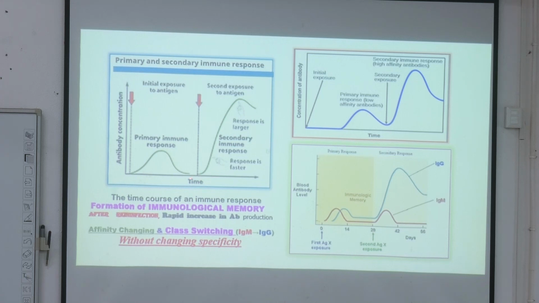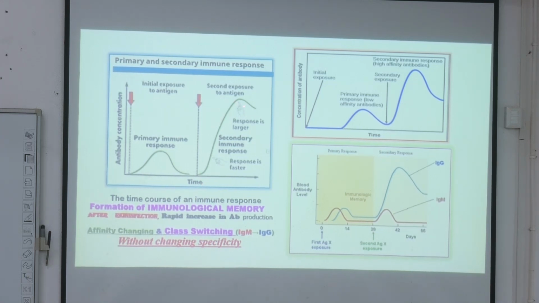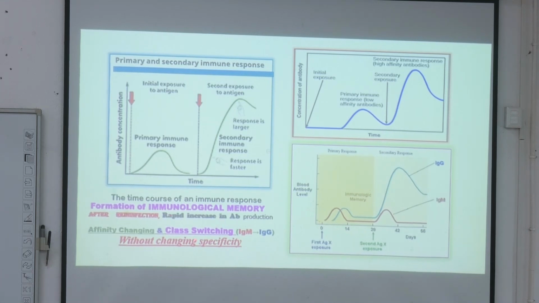The moment we get a second exposure, the response is very fast and larger, and the affinity of that particular antibody also changes. Another important thing is class switching: not only a larger response and increasing affinity, but also class switching without changing specificity.